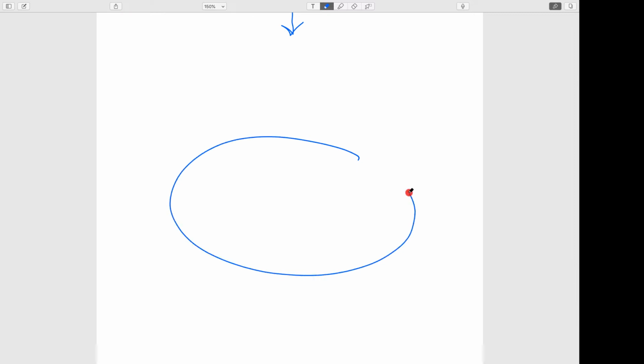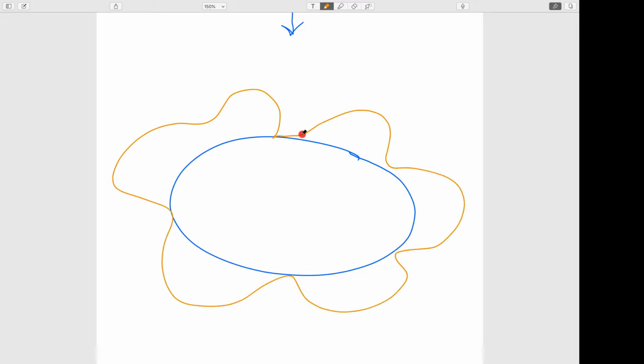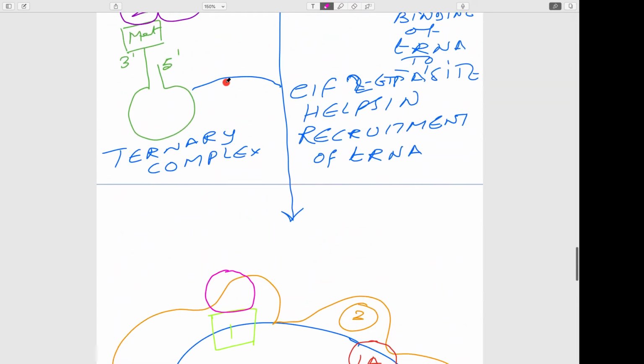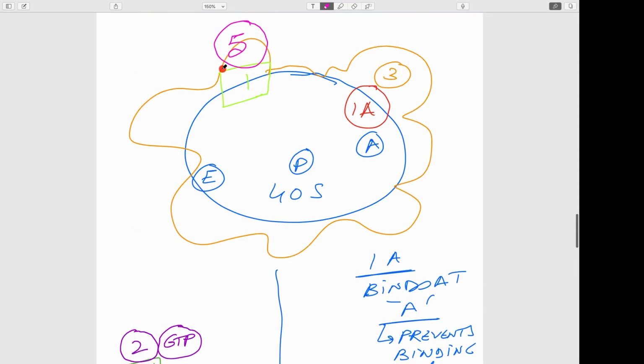Again, 40S, then there is factor 3, then there is a presence of 1A, then 1, and see the same factors which are bound to it.